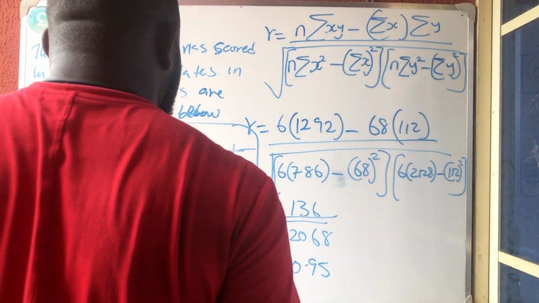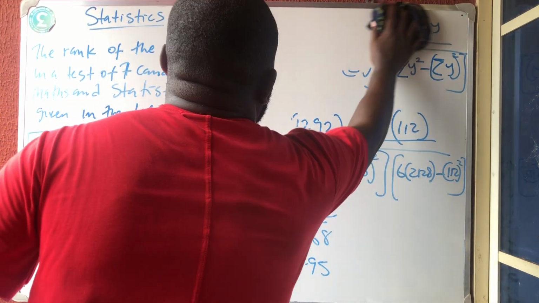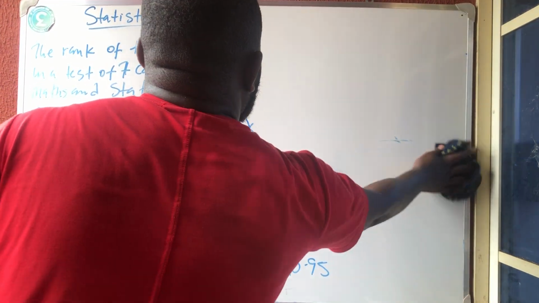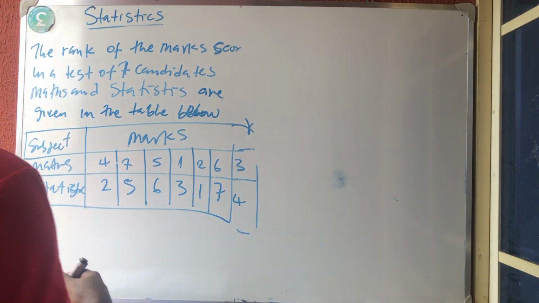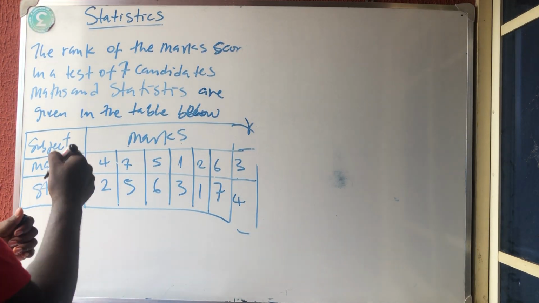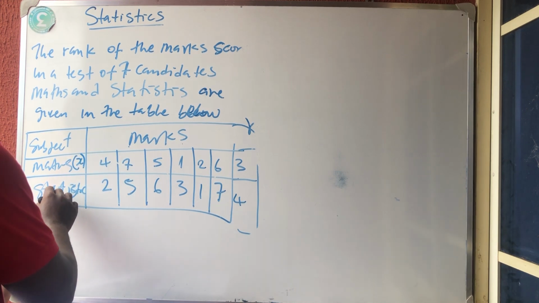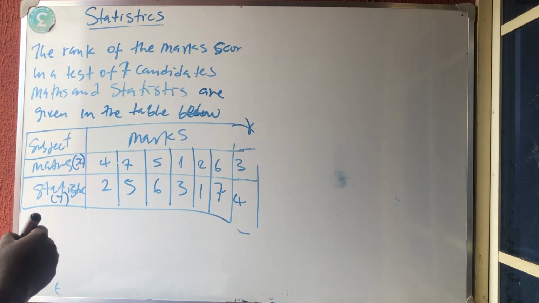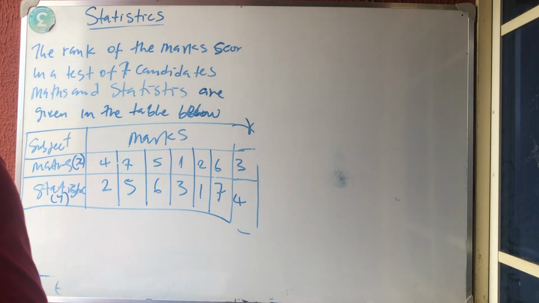Okay, so the question now said, first of all, give us the relationship of the marks. Let's call the maths x and the statistics y. Let me get the question from the other one.